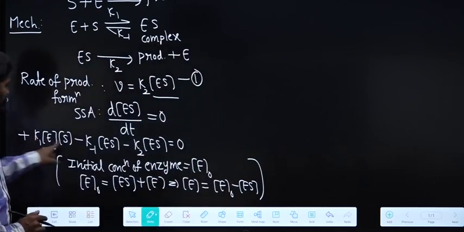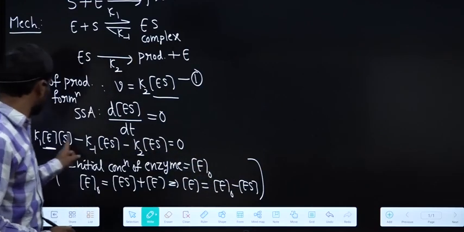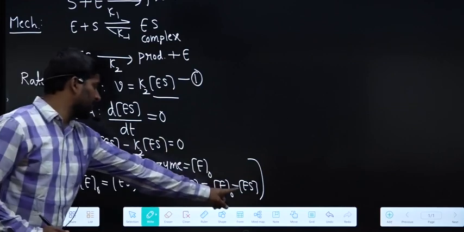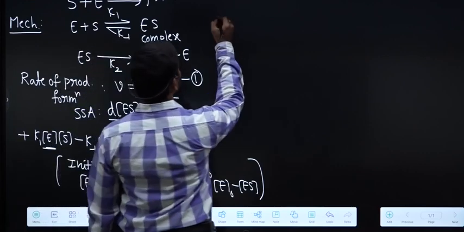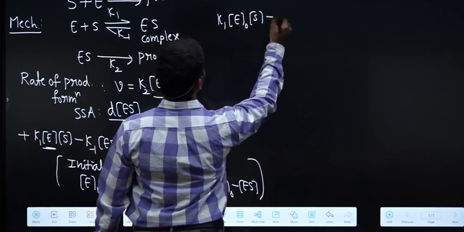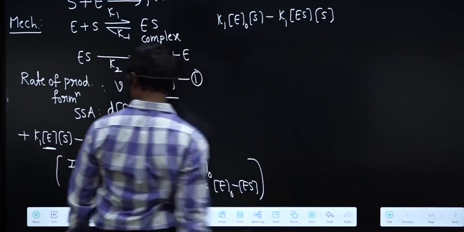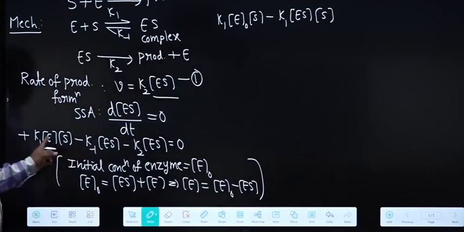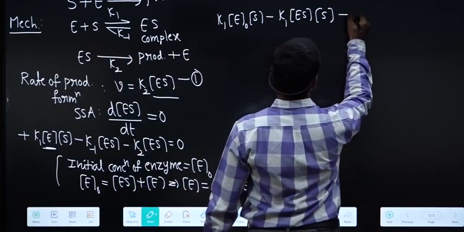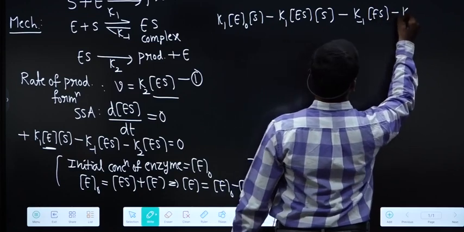Directly I am writing K1 into E naught into S, and we will get minus K1 into ES into S. So we get K1 into E naught into S minus K1 into ES into S, and minus K minus 1 into ES minus K2 into ES.